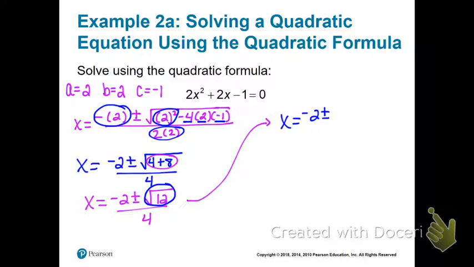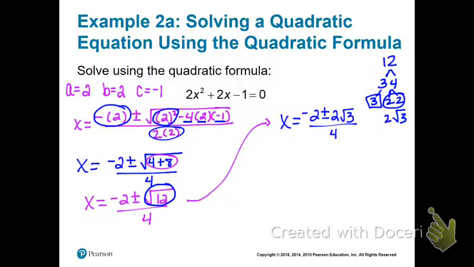It's not a perfect square, but I can break down that 12, so I need to do that. I'm going to say 3 and 4. 3 is prime, and 4 is 2 and 2. So we're going to take out a 2, and we're going to leave the 3 underneath. So instead of writing the square root of 12 in my problem, I'm going to put 2 square root of 3, and it's all over 4.